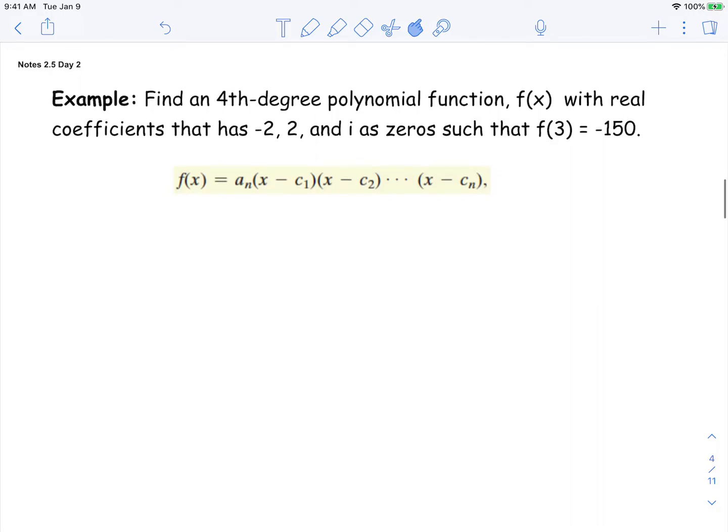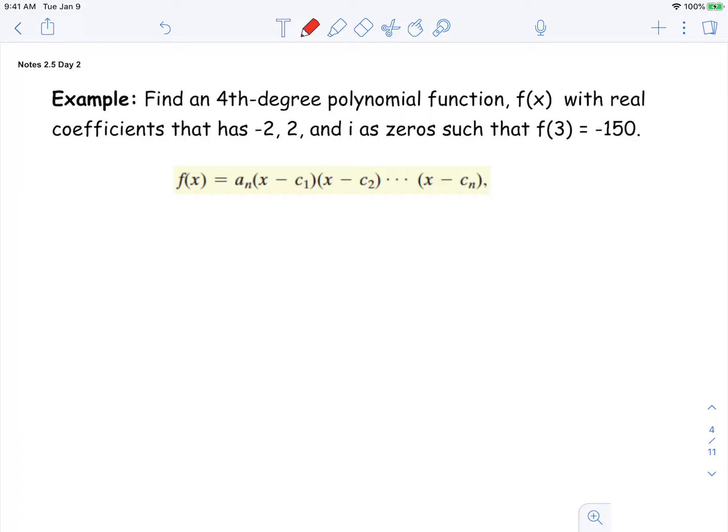All right, what we're going to do is go to this first example. It says find a 4th degree polynomial function with real coefficients that has -2, 2, and 0, or i as zeros, and that when we evaluate the function at 3, we output -150.